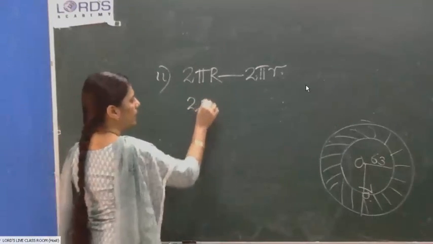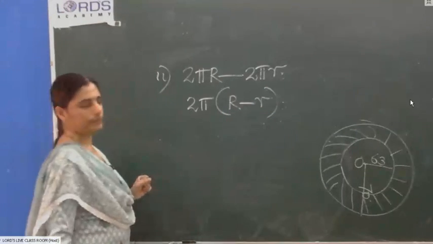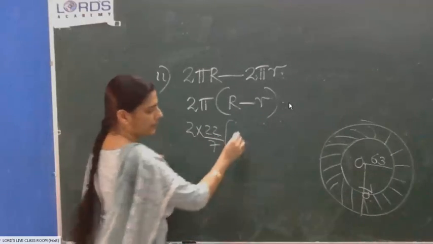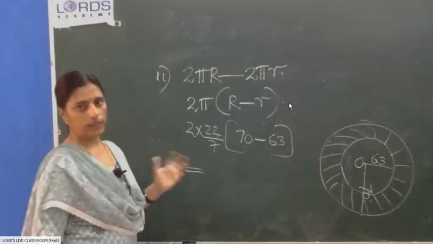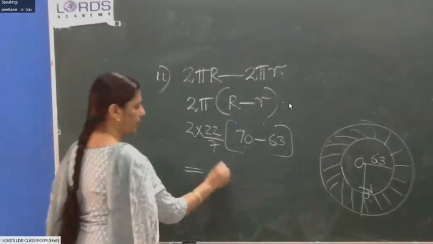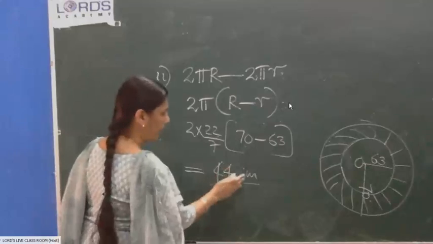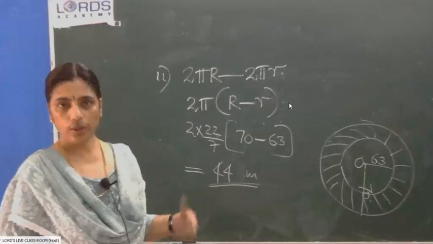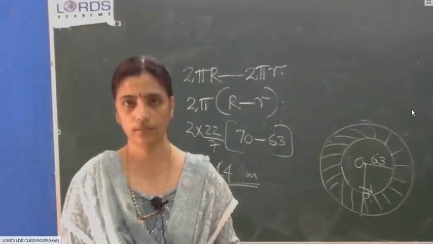So 2 pi is common, so R minus r will come. 2 into 22 by 7 into (70 minus 63). Get the answer. You will get the answer as 44 meter. First subdivision, you have to get the answer, okay? Area of the track. That you have to.